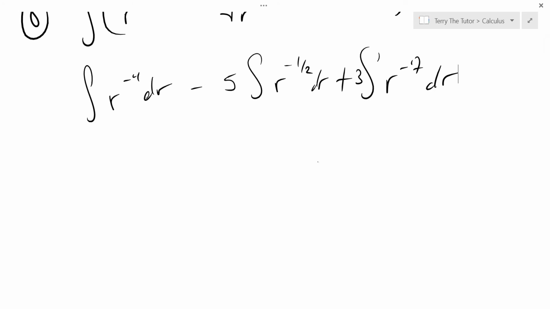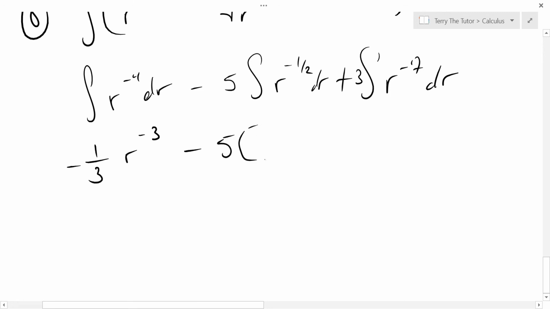So taking these, it should be really simple. It's just the power rule. We add 1, so we've got negative, well, we're going to divide by. So we've got 1 over 3 negative r to the negative 3rd minus 5, let's use that bracket to signify that it's a multiple.